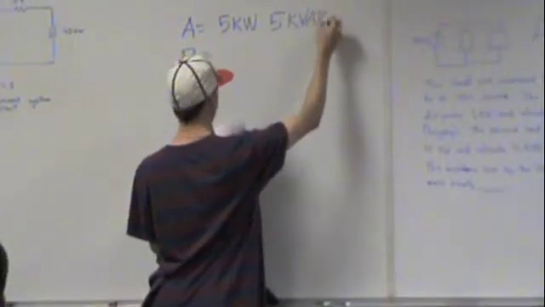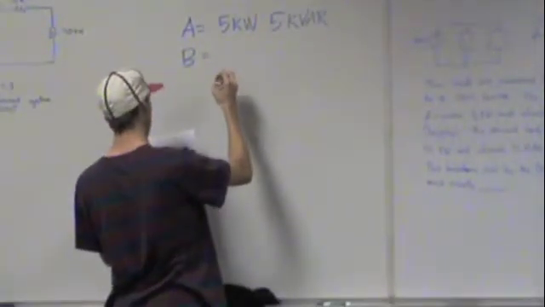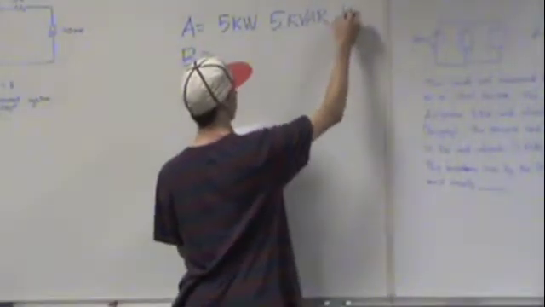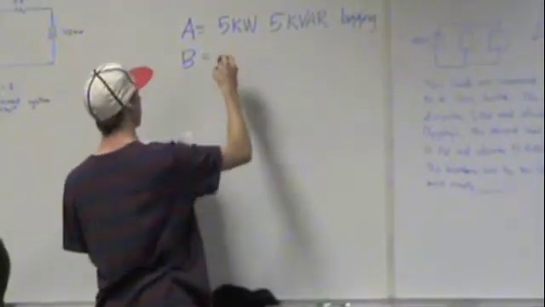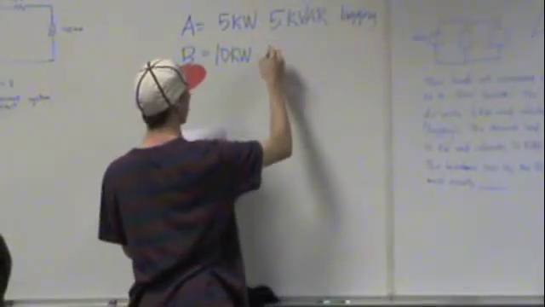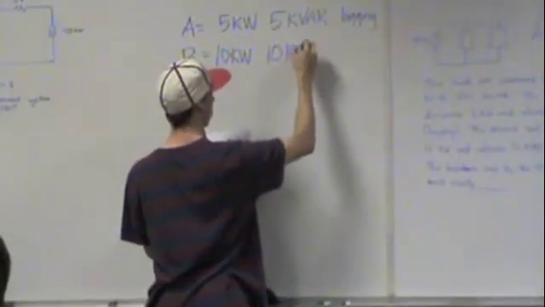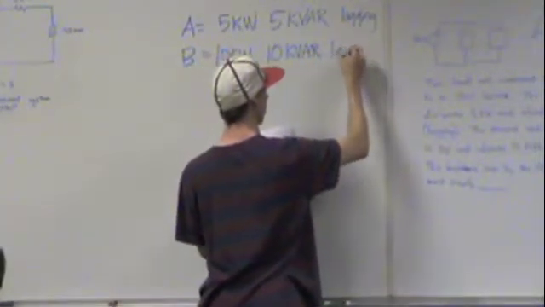And this is lagging, because we get that from the problem. Then for B, we've got 10 kilowatts for the real power, and 10 kvar for the reactive power. And this one is leading.